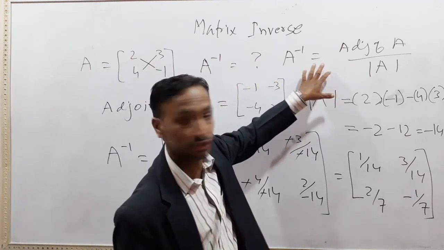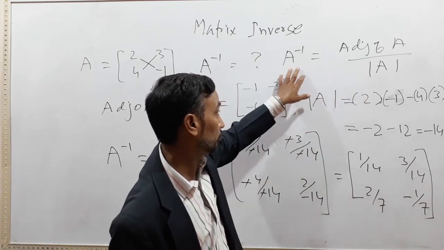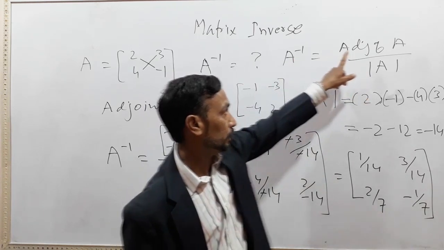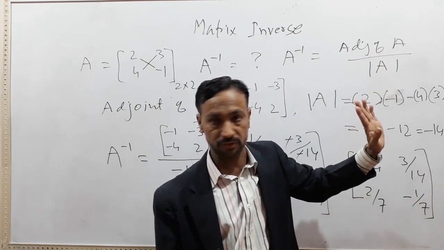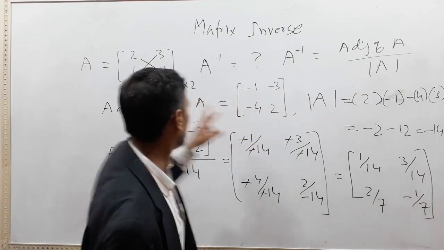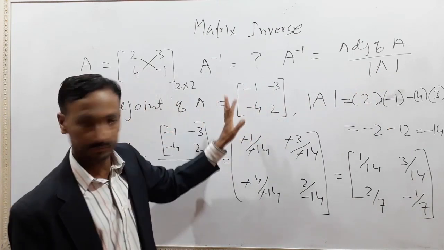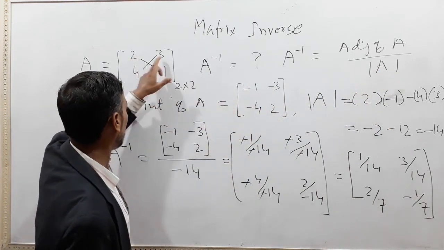Very simple. This is the general formula for inverse. You need two steps: the adjoint, and the determinant of the matrix. The adjoint of a 2 by 2 is quite simple. Take the two diagonals.